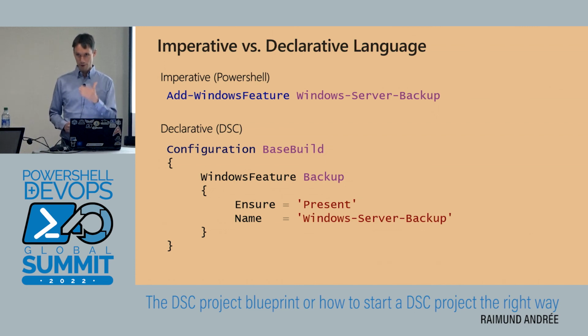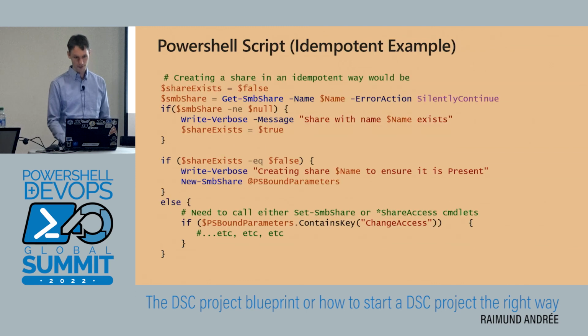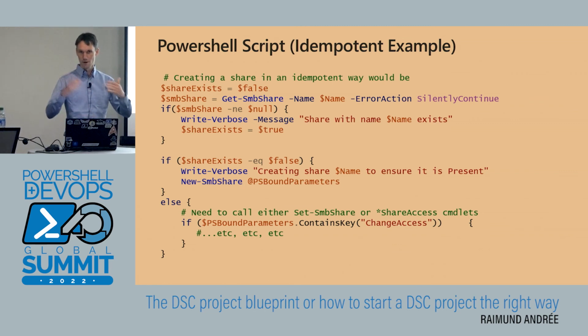Imagine that you want to write a script, and the script is implementing the idempotency by itself. Then, of course, this gets much longer, and it looks like this. So this is a script that is just creating a share, but checking if the share is already existing and doing all the logic internally, right?